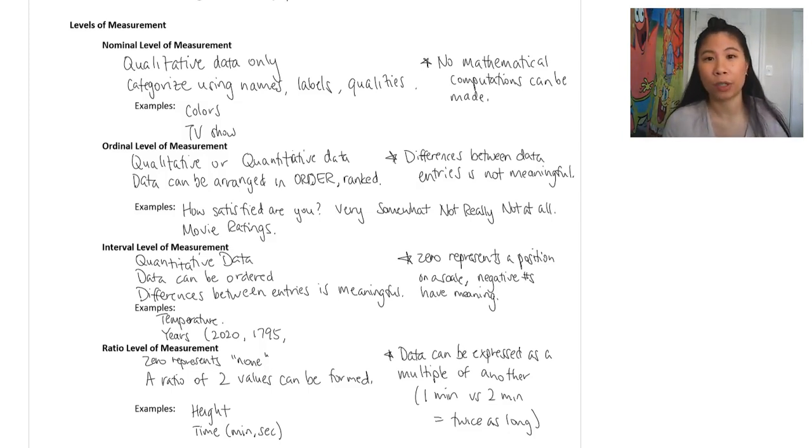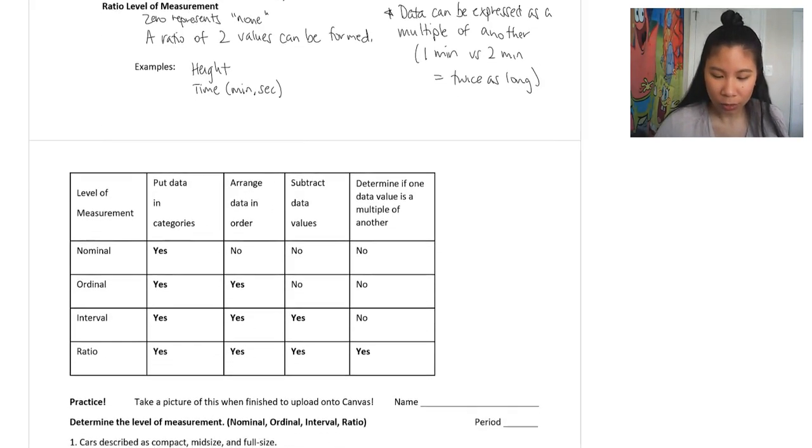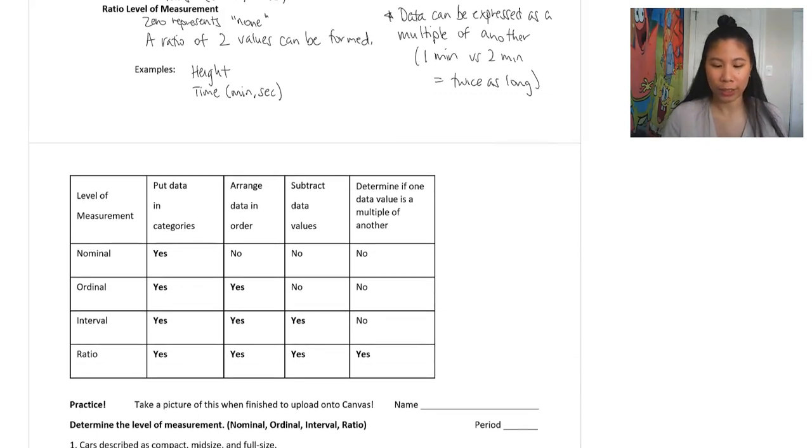Okay, so those are our different levels of measurement for how to quantify data. I included this nice little chart here, so there's nothing to write down, but it helps me compare and contrast each of the different levels. At the nominal level, you can put data in categories, but you can't do anything else.